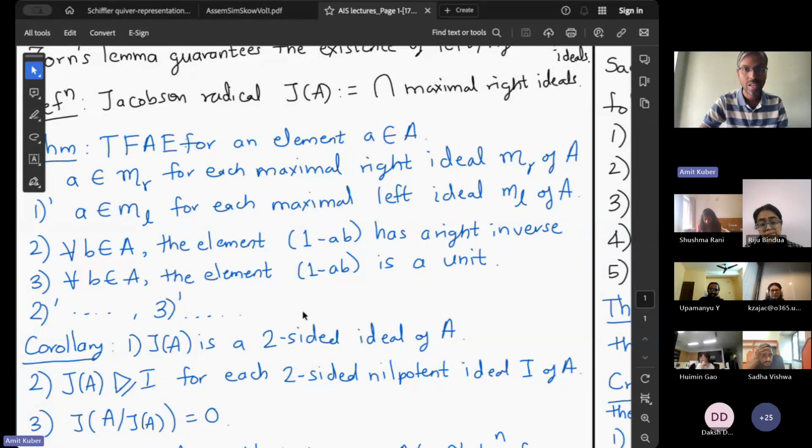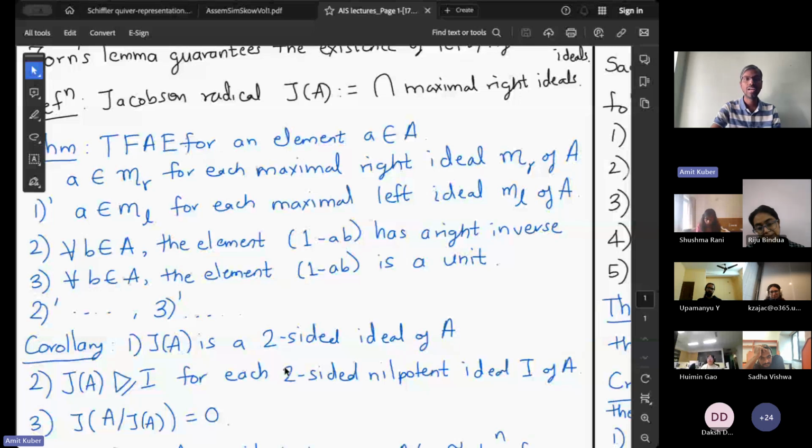Okay. So because it's a two-sided ideal, what will be the Jacobson radical of the quotient? Well, it is simply 0. And whenever we have a two-sided nilpotent ideal, then it is contained inside the Jacobson radical. The Jacobson radical itself could be nilpotent, and that is what we are going to see.